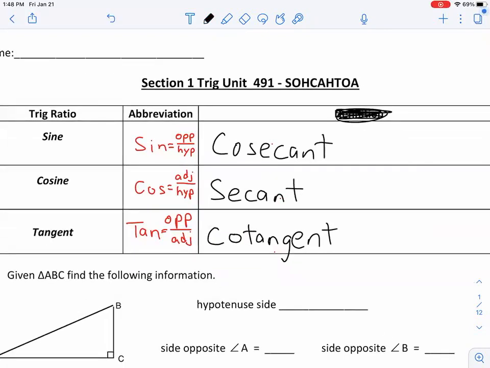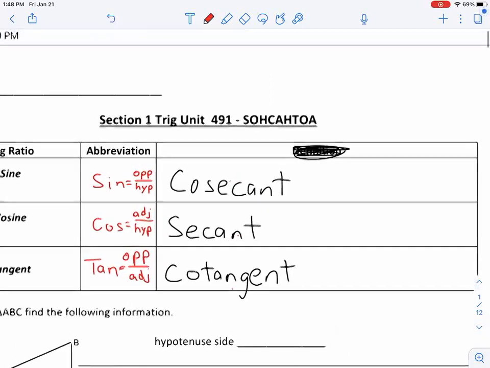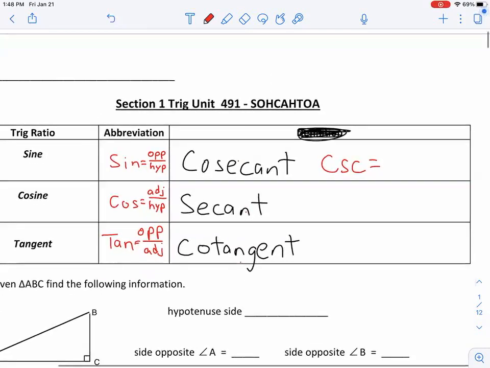Those are the other three trig functions that we're going to deal with. They also have abbreviations. The abbreviation for the cosecant is CSC. For the secant, that is SEC. And for the cotangent, that's COT.